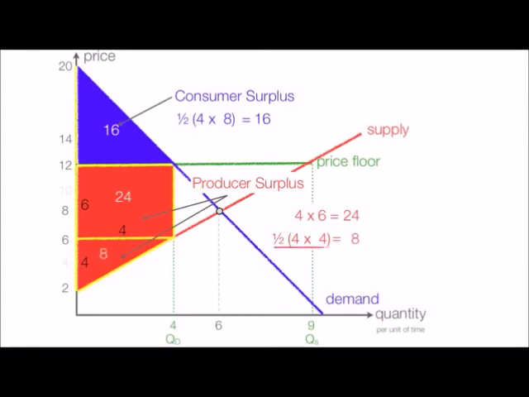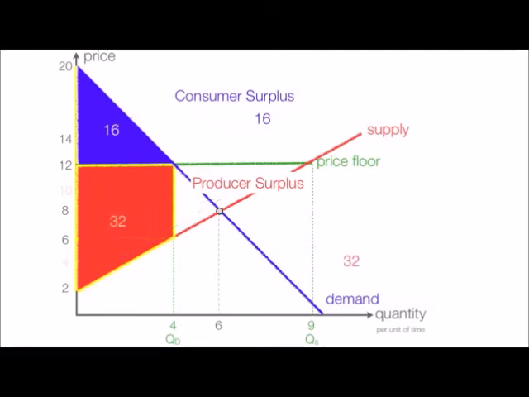Total producer surplus becomes 24 plus 8, which is 32. Let me rearrange this. So consumer surplus is 16. Producer surplus is 32. When I add those together, I get a total of 48. Should be 48.